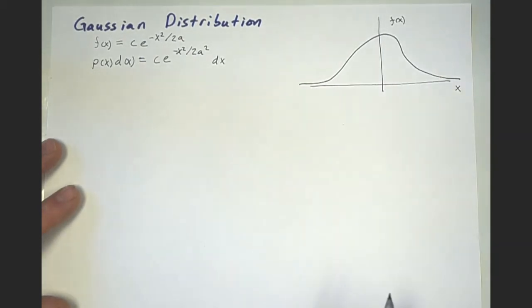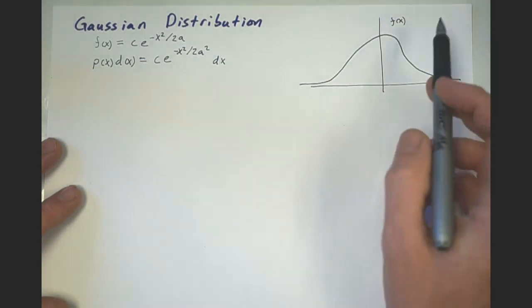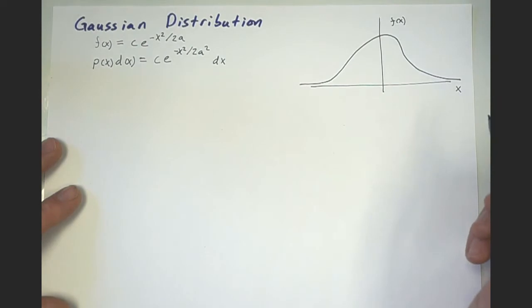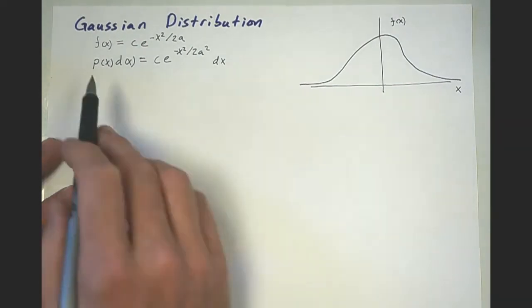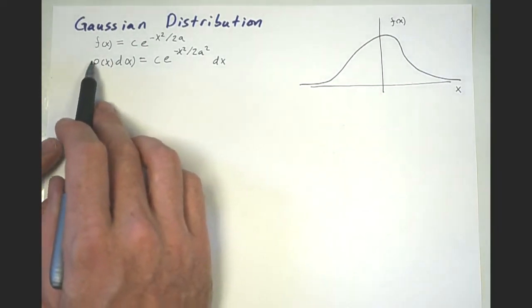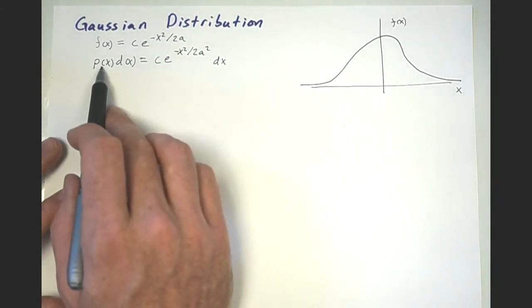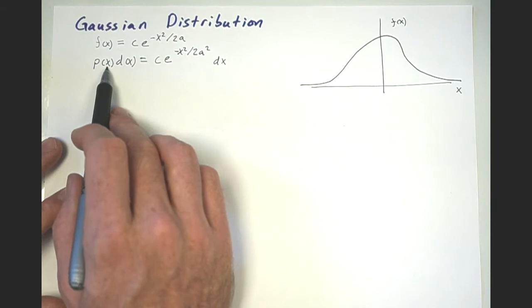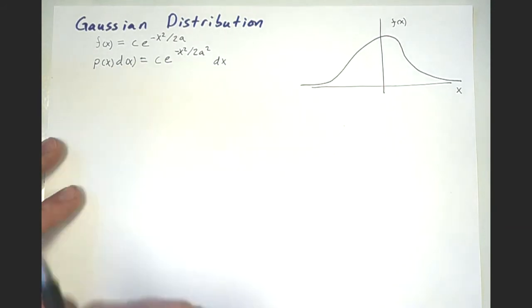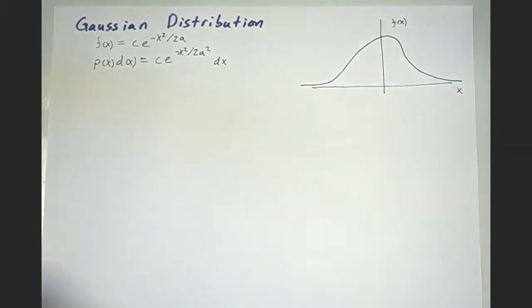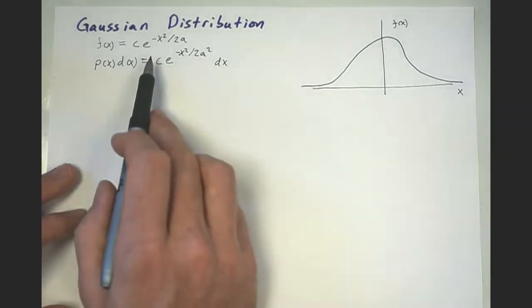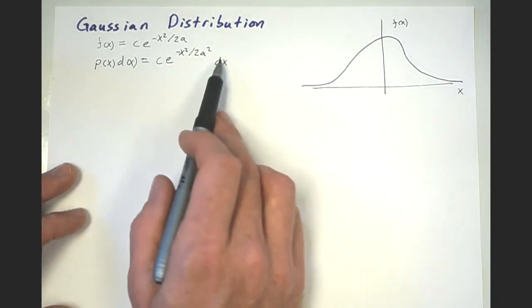It looks like a bell curve, and it's often referred to as a bell curve. And we can define the probability distribution. So the probability of existing at x within some small window dx is then just the Gaussian function times dx.